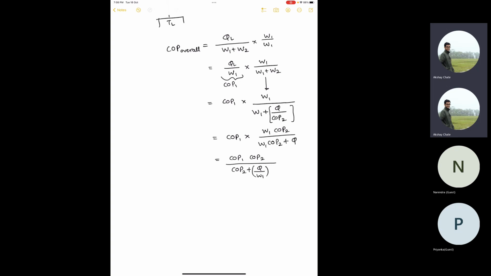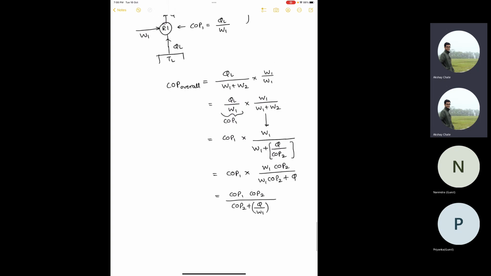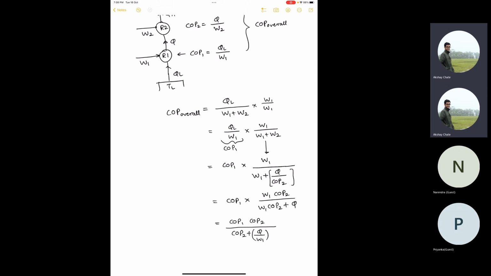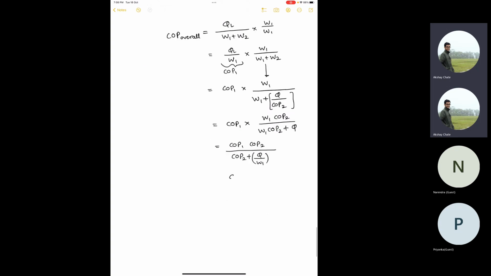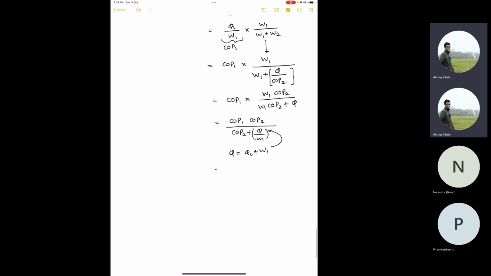Then, if you apply the first law to the first refrigerator, you can write Q equals QL plus W1 and put it here. So the numerator remains the same, COP1 into COP2, and the denominator is W1 COP2 plus QL plus W1, all divided by W1.